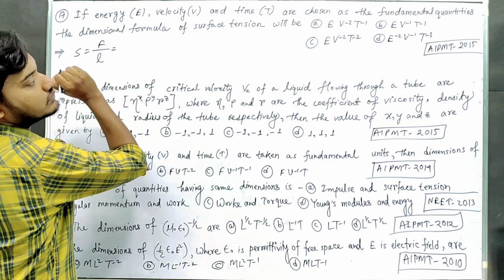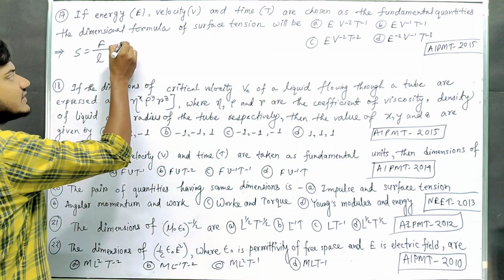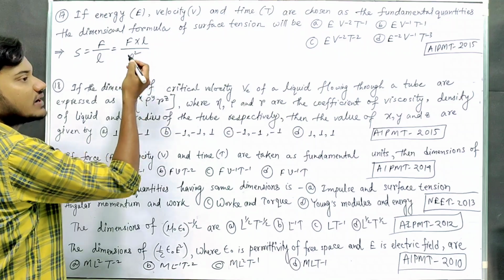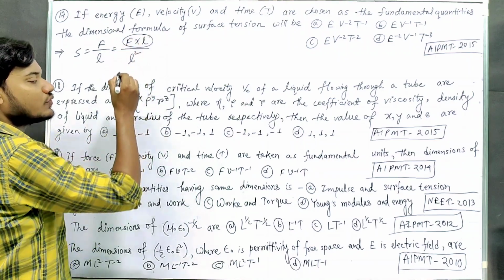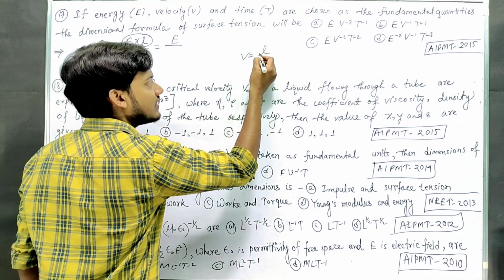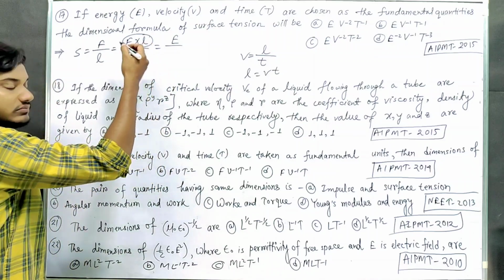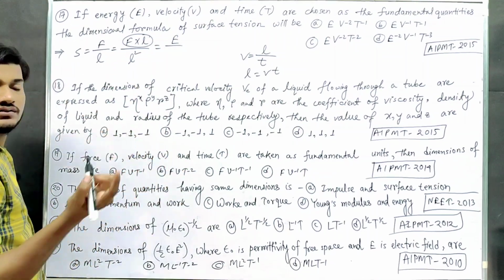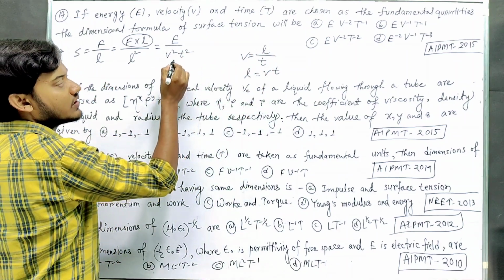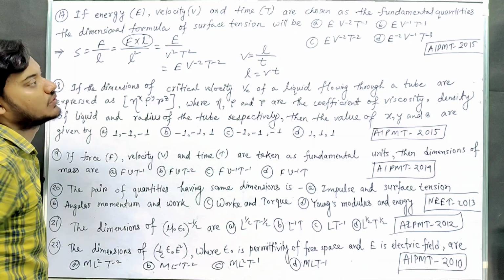Energy and work done are dimensionally equal, so we can write force into displacement, force into length equals work done, meaning energy. And we know velocity equals displacement by time, so L is v into t. We are taking L equal to displacement, dimensions are the same, so we can write v squared t squared. Let's write capital T. So E v inverse T inverse 2, option C.